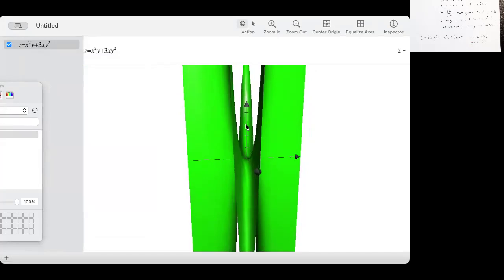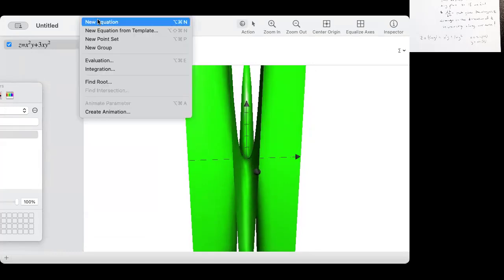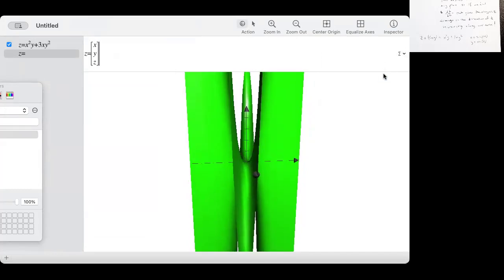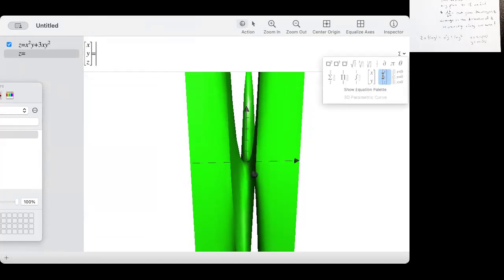But now I need that x of t, y of t. So let me graph a new item, new equation. We'll make it a three-dimensional parametric curve. But I'm going to set z to be 0, so that we're looking at it in the xy plane. XYZ equals.